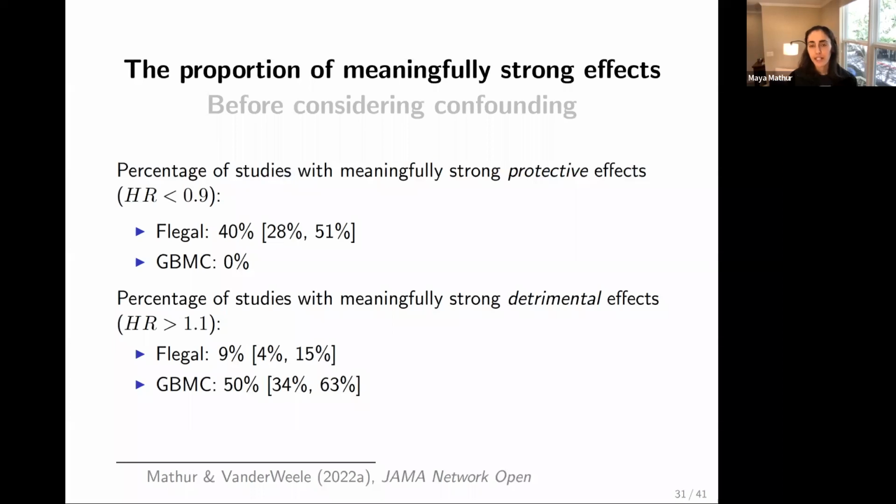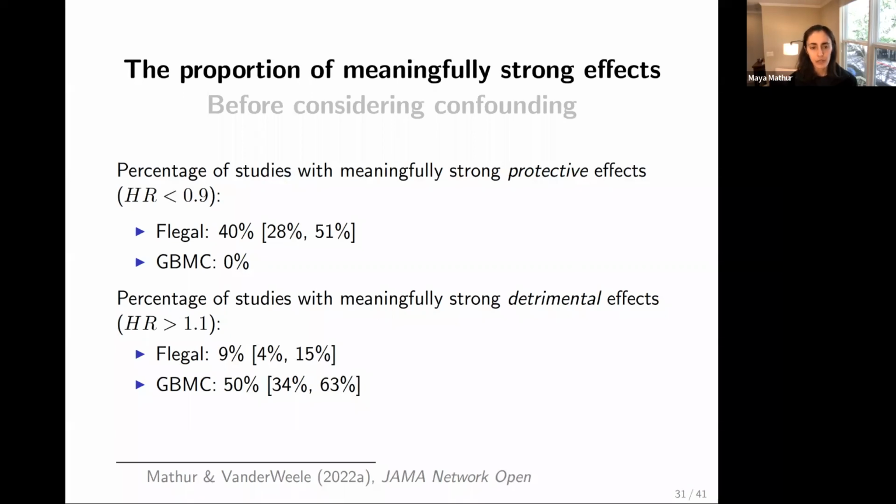Prior to considering confounding, if we estimate the percentage of studies with meaningfully strong protective effects in each meta-analysis, we get about 40% in Flegel, but 0% in GBMC. And conversely, if we estimate the percentage of studies with meaningfully strong detrimental effects, we get about 9% in Flegel, but 50% in GBMC.